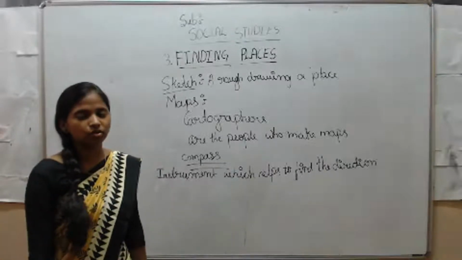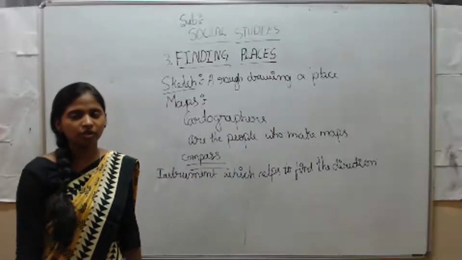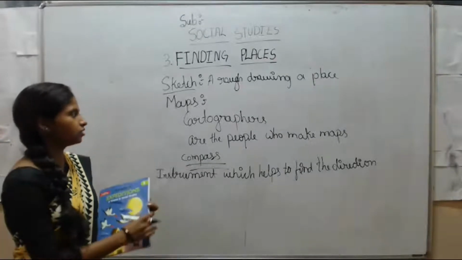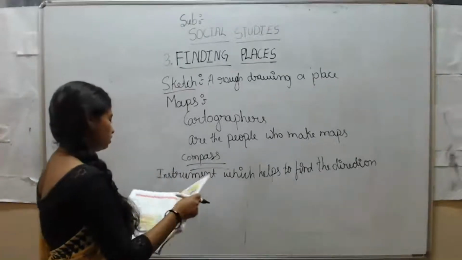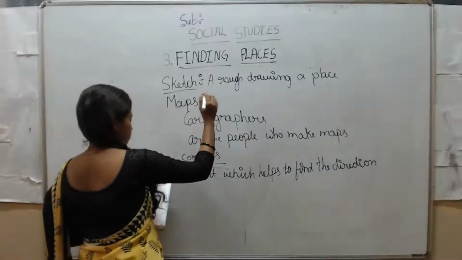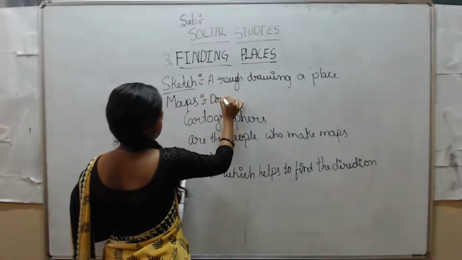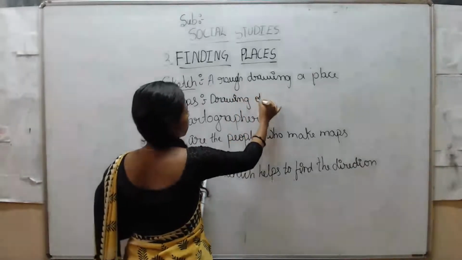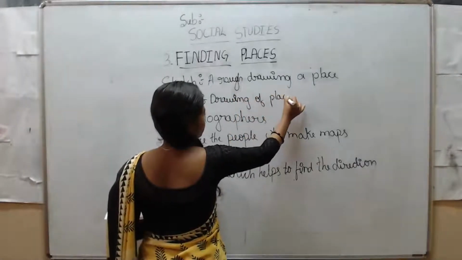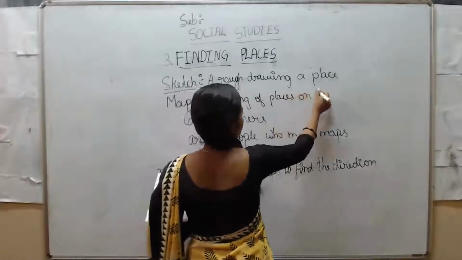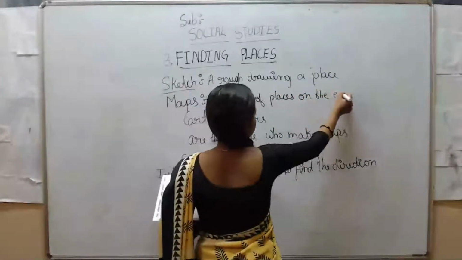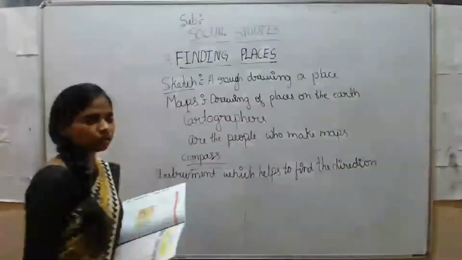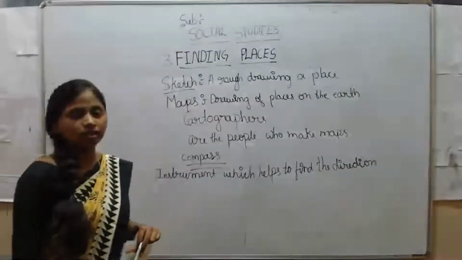These maps will help us to determine any place. So it will give the direction to any place on the earth. A map is a drawing of places on the earth which will help us to reach any place.